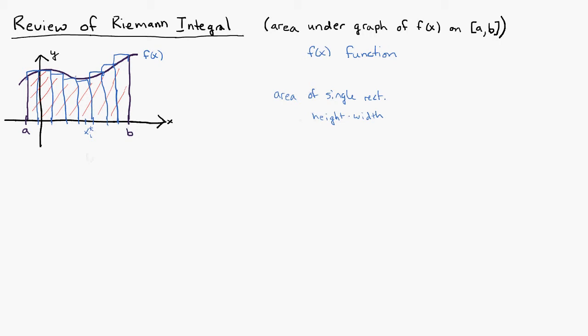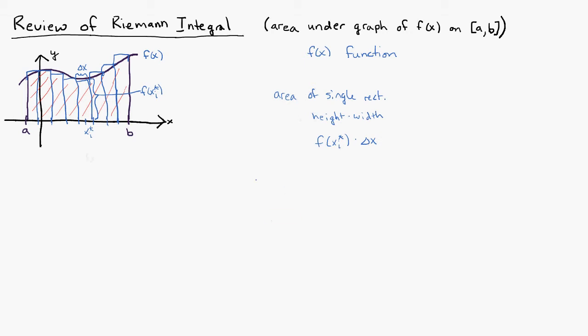And so we need to figure out the width, which is delta x, and the height. So the height is given by the y value here, which is the function value at this point. So the height is f of xi star. So we get the area of this one rectangle as f of xi star times delta x.